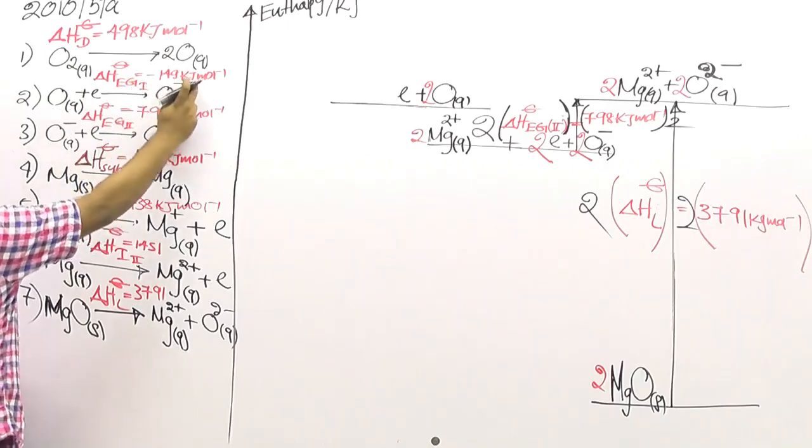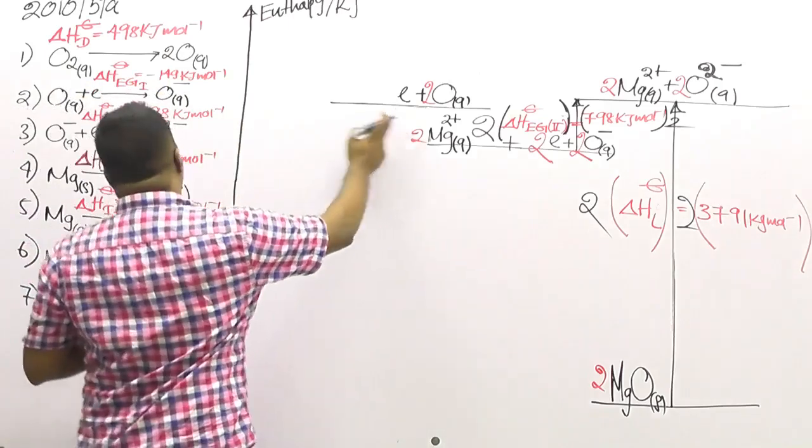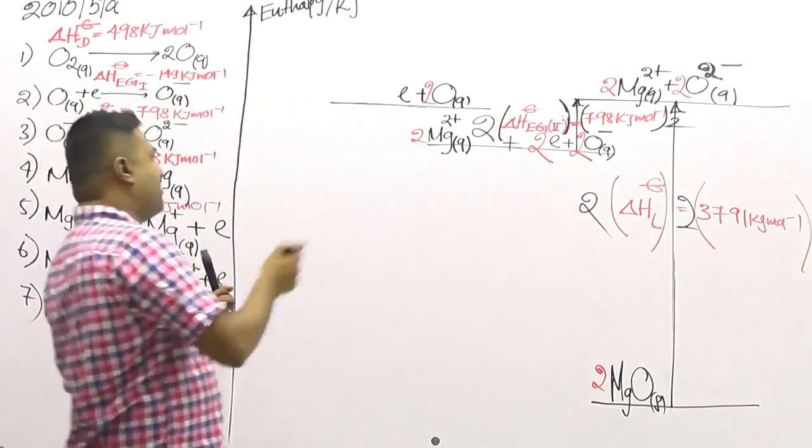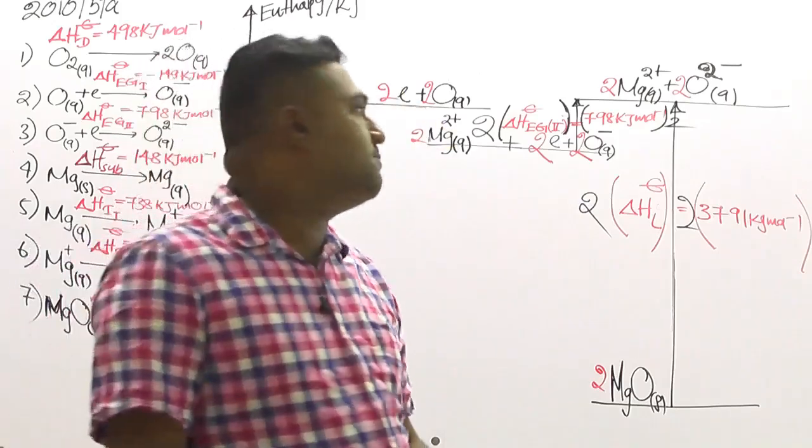Then 2 moles of O minus is produced from 2 moles of O gas and 2 moles of electrons.